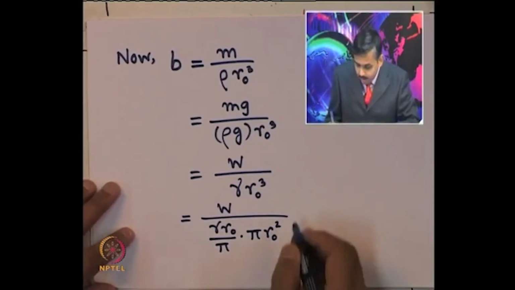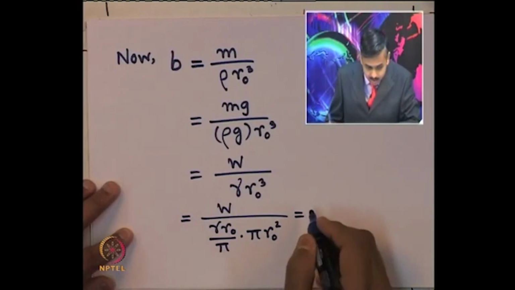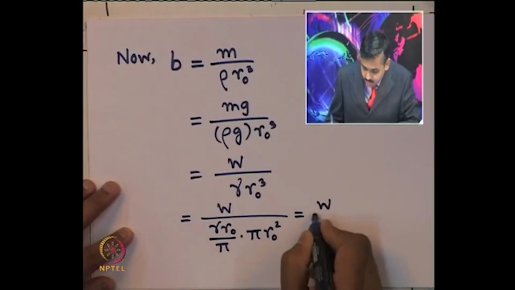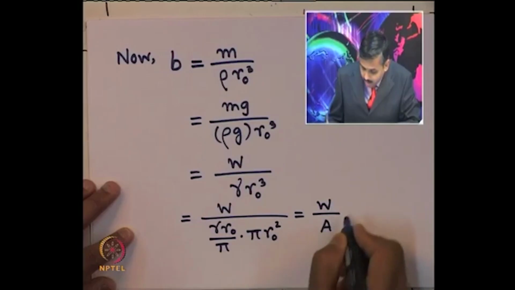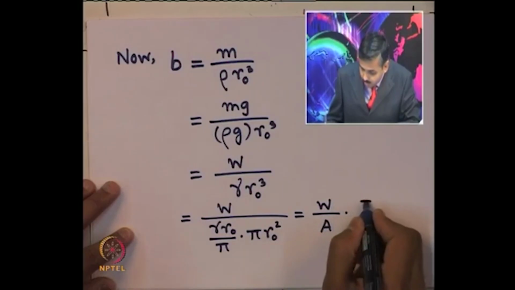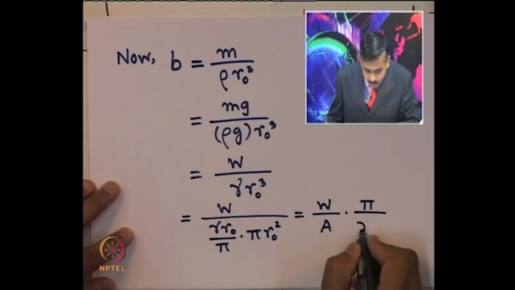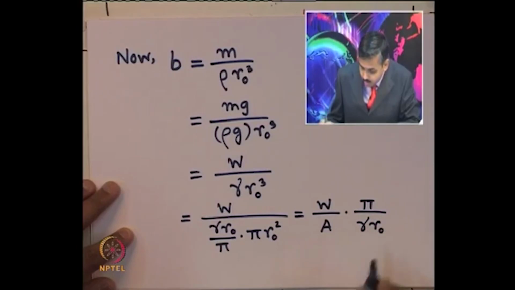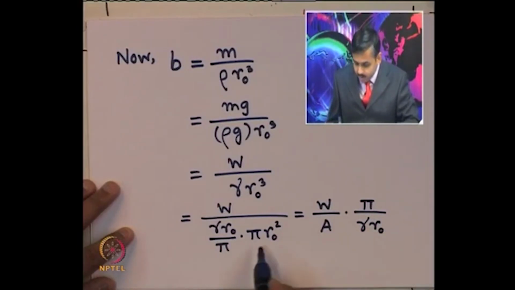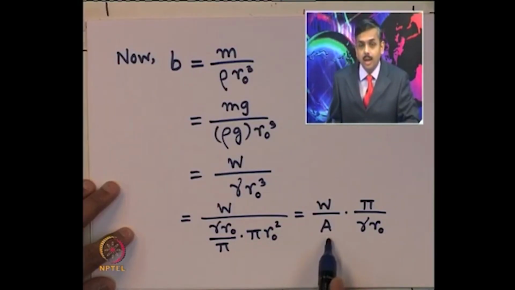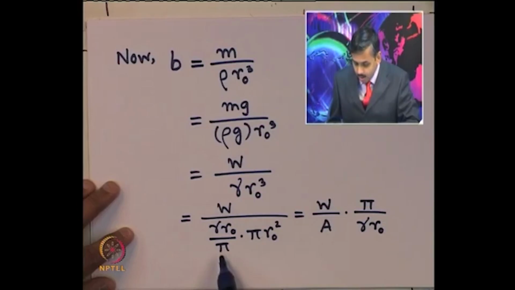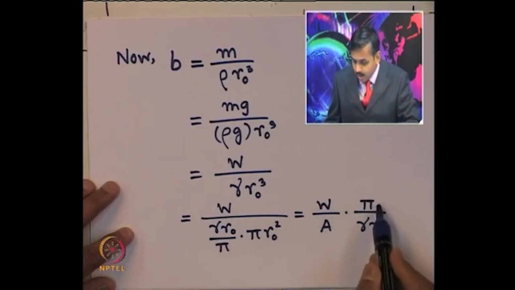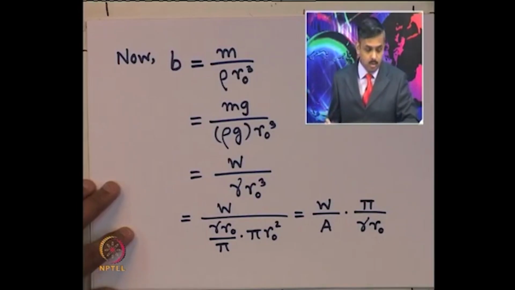Now, it can be further reduced to W by A times pi by gamma r naught, because pi r naught square is nothing but the cross sectional area A, that is why we can write W by A. Now, pi goes up, pi by gamma r naught.